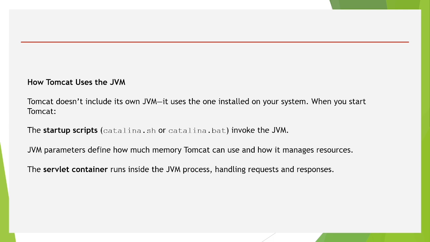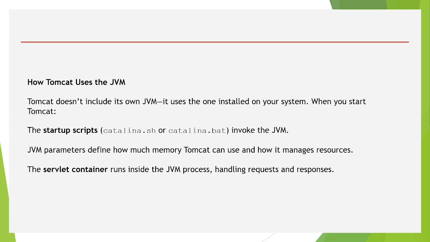JVM parameters define how much memory Tomcat can use and how it manages resources. When we define the JVM parameters, we have to take decisions as per the application requirements, and set the JVM parameters for those requirements.